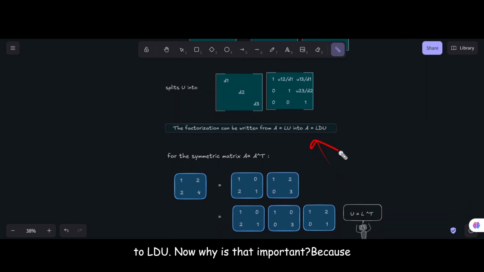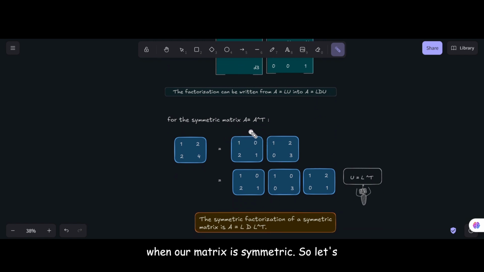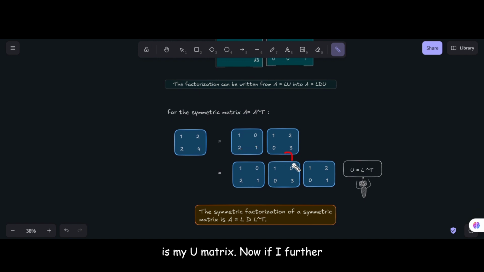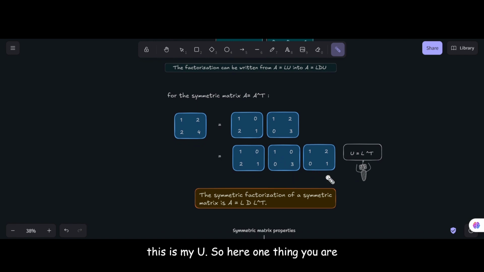Now why is that important? Because it plays a very important role when our matrix is symmetric. Let's assume that my matrix is symmetric. I'm going to take the previous example, where my A is symmetric. First I factorize it into L and U. Now if I further decompose it into the triple L, D and U, where this is my diagonal matrix with 1 and 3, one thing you will observe is that my U is the transpose of the lower triangular matrix.